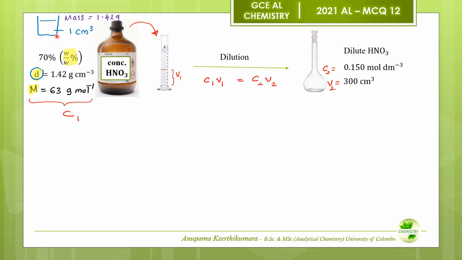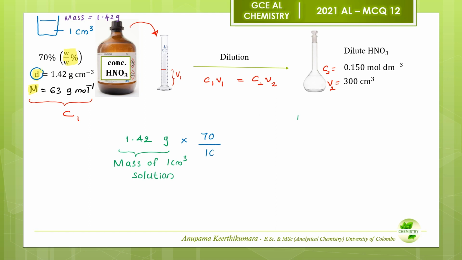But 1 cubic centimeter of this solution does not contain 1.42 grams of nitric acid because this is not a pure nitric acid sample. The reason is the weight percentage of nitric acid is 70%. Therefore, 1.42 grams is the mass of 1 cubic centimeter of solution.